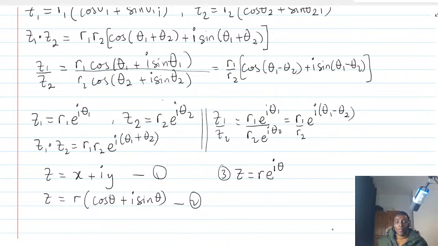These are actually the same, but it depends on what you are dealing with.